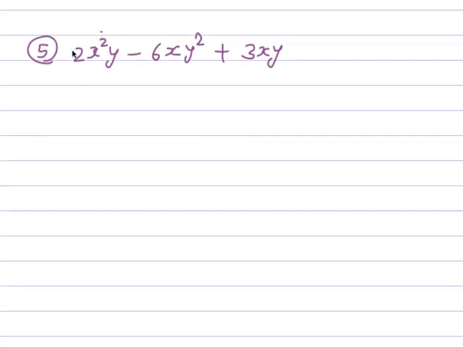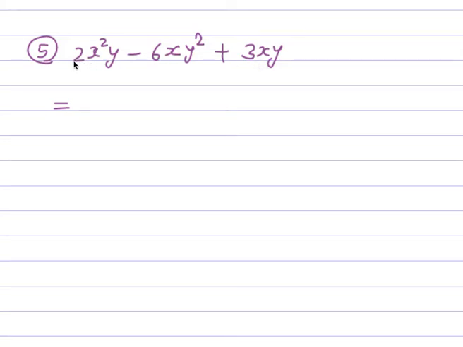Okay, now here 3 terms, separated by negative and positive. So what should we take common here? Let's think about it. Here the coefficients are 2, 6 and 3. The factor of 6 is 2 times 3, but here 3 and here 3.